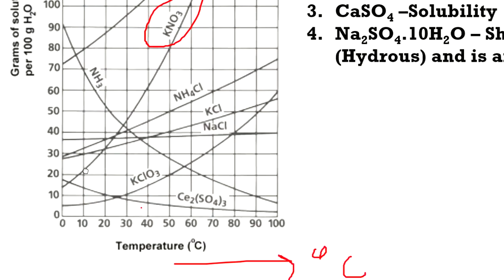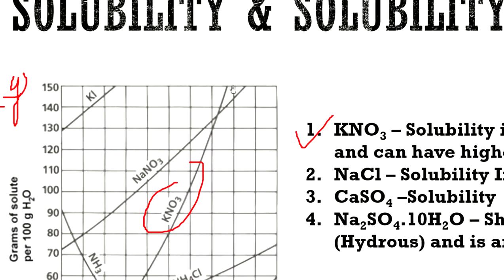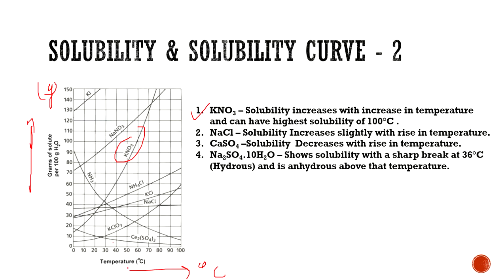On reaching 150 gram, it reached 60 degrees Celsius. Got it? You know how to read a graph, you learned it in maths. Not 70, 60, 65 degrees Celsius. That is what this graph says.